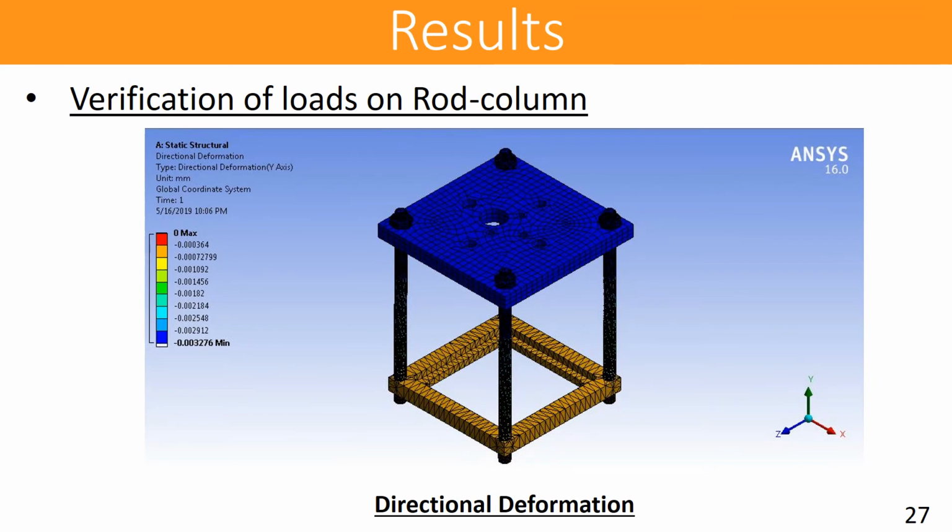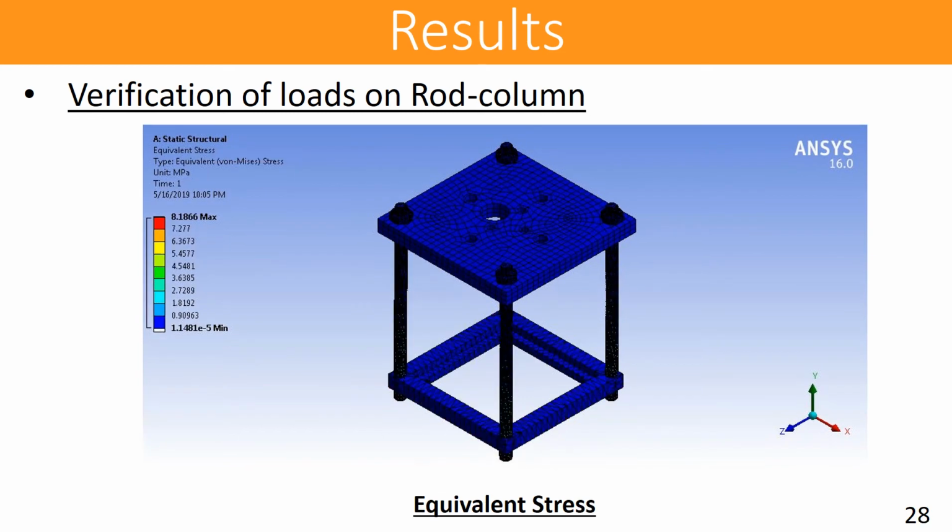The directional deformation was also done, and it's seen that in the y direction the directional deformation is less, and the maximum deformation is 0. By seeing the equivalent von Mises stress solution, it's seen that the maximum stress developed is on the scale of 8.18 megapascal, which is very much below the tensile strength of the rod material.